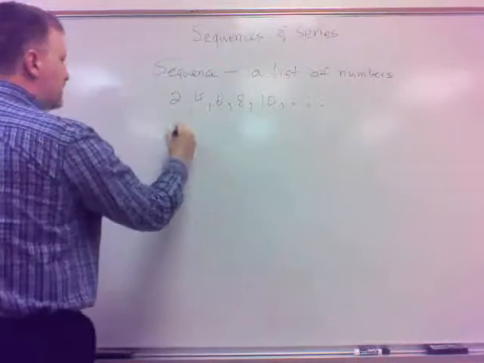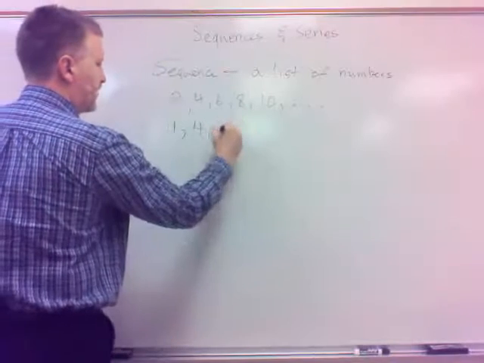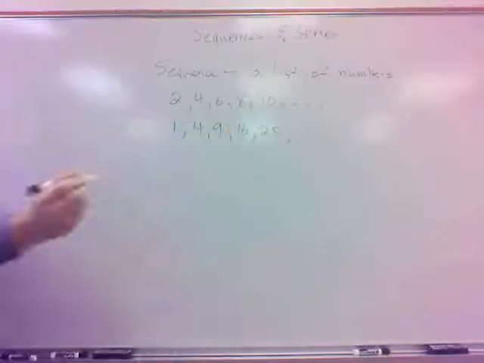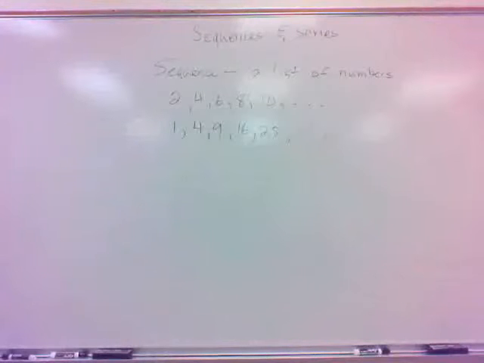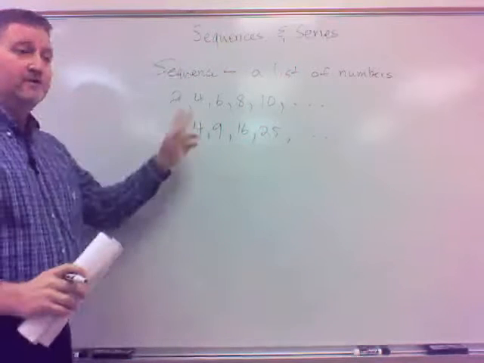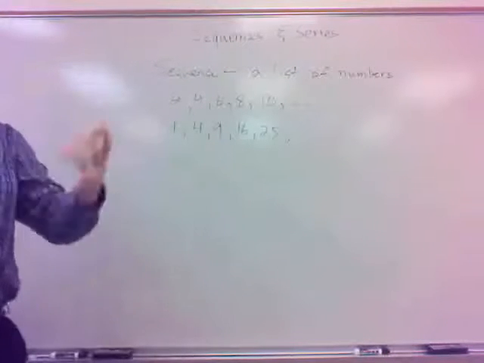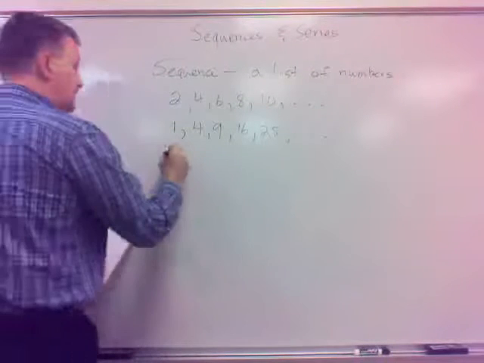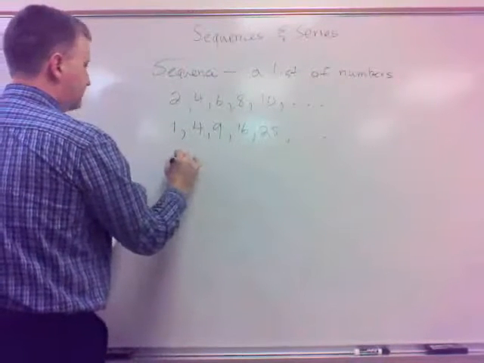We could do 1, 4, 9, 16, 25. Any thoughts on what those numbers are? They're odds and evens, but they're specifically square numbers. Yeah, 1 squared, 2 squared, 3 squared. So there can be all sorts of patterns that do happen to develop here.